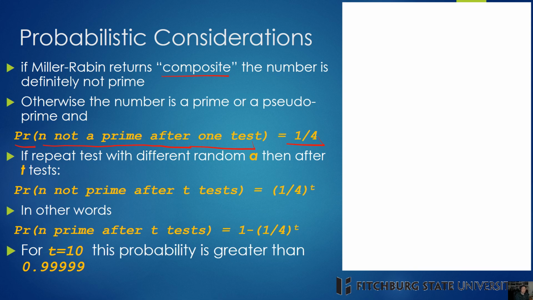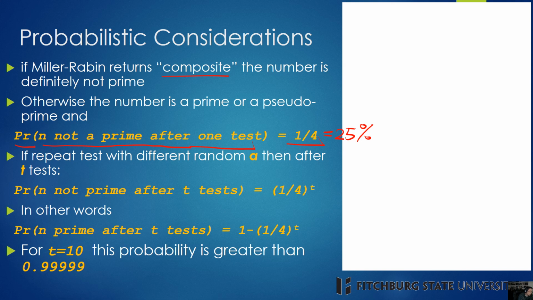So when Miller-Rabin returns a maybe prime result, the probability that n is not a prime is 1/4, about 25%. So I can say the probability that n is not a prime is only 25%, or in other words, the probability that n is a prime number is 75%.